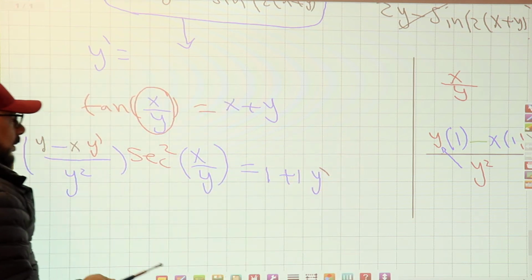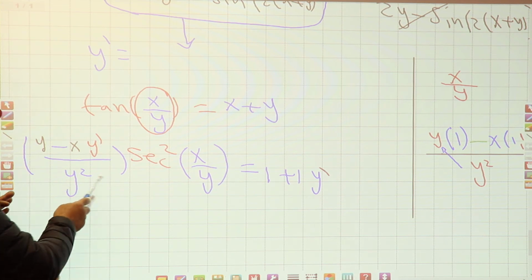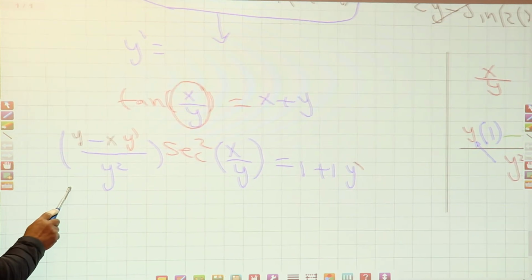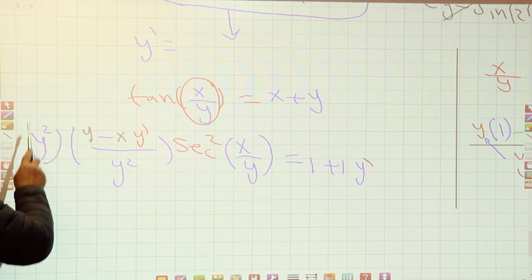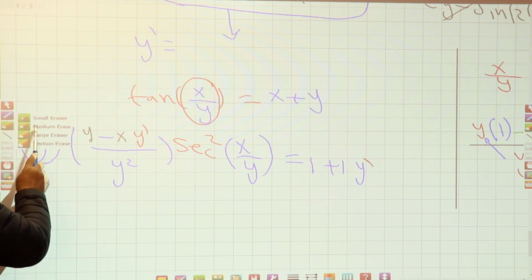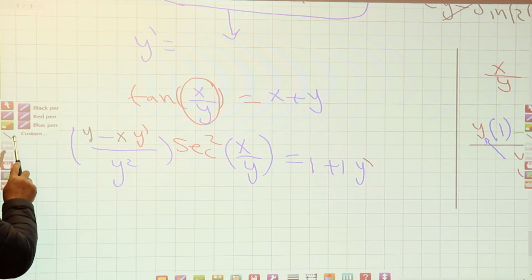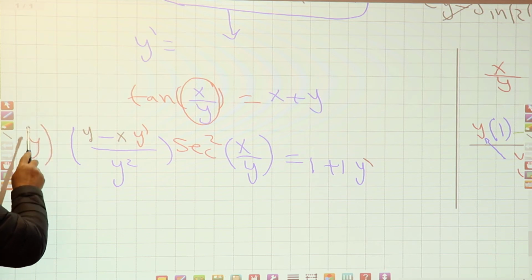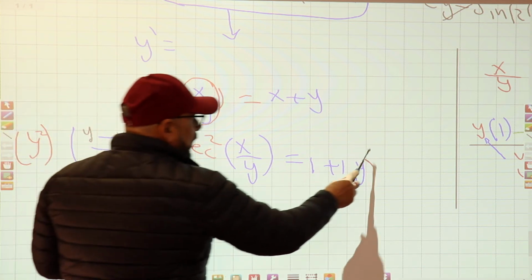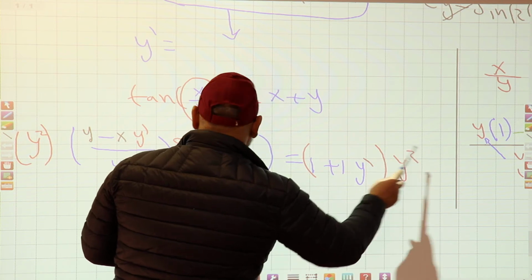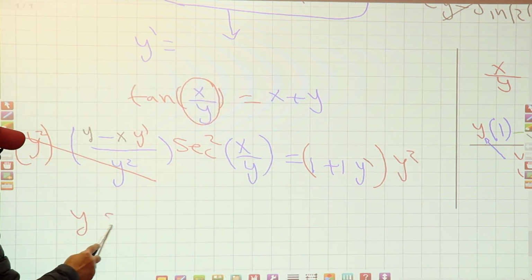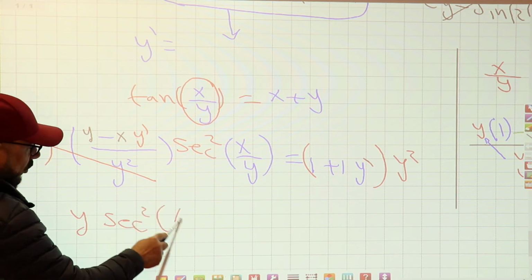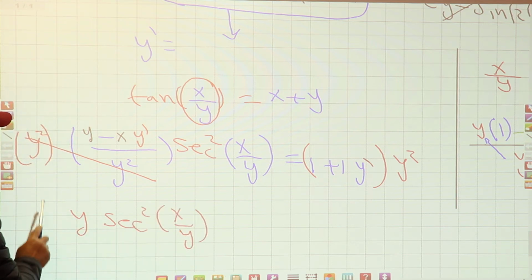Now I'm going to multiply both sides by y squared to make it easy for myself. This side by y squared, and this side by y squared. You make it y, cancel here, and multiply y secant squared x over y, right?